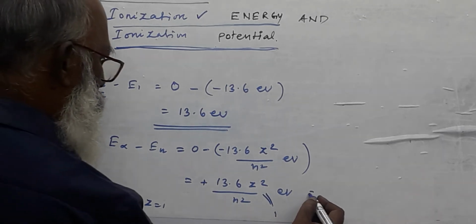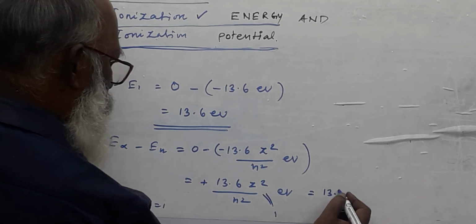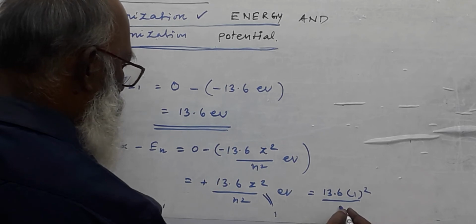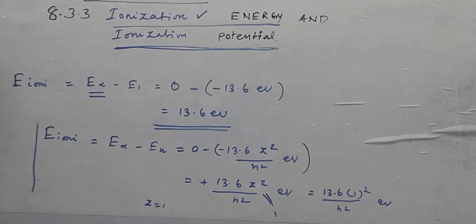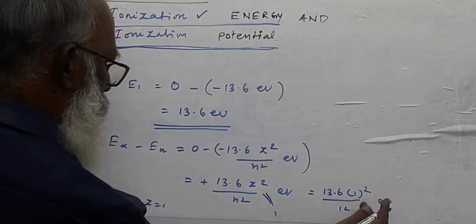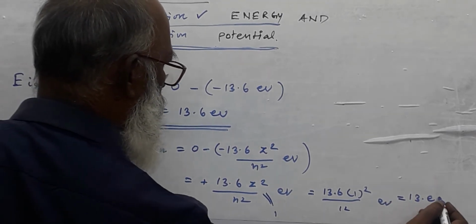It is equivalent to 13.6 into 1 square divided by n square electron volt. Or you can say that, here Z equal to 1 and n is also equal to 1, therefore 1 square, that is nothing but minus 13.6 electron volt.